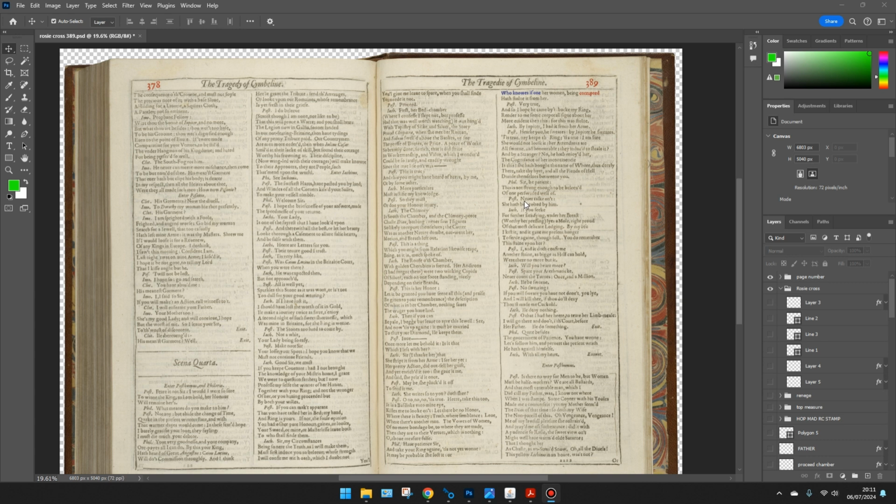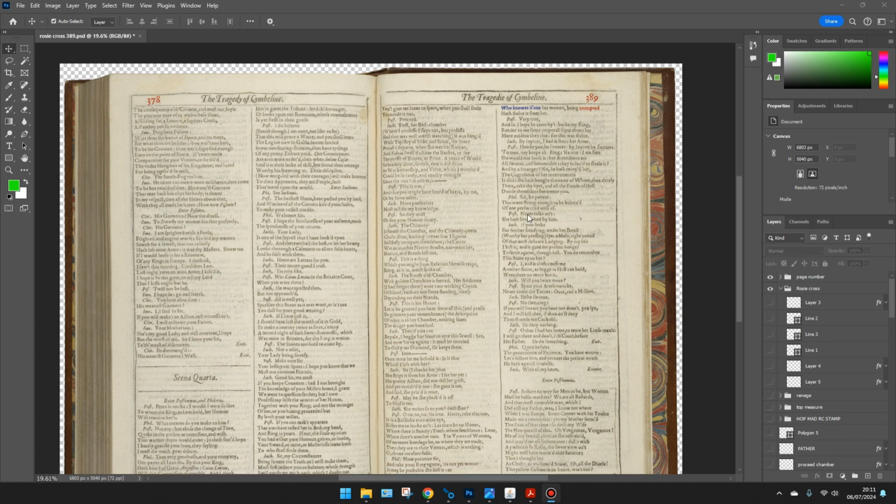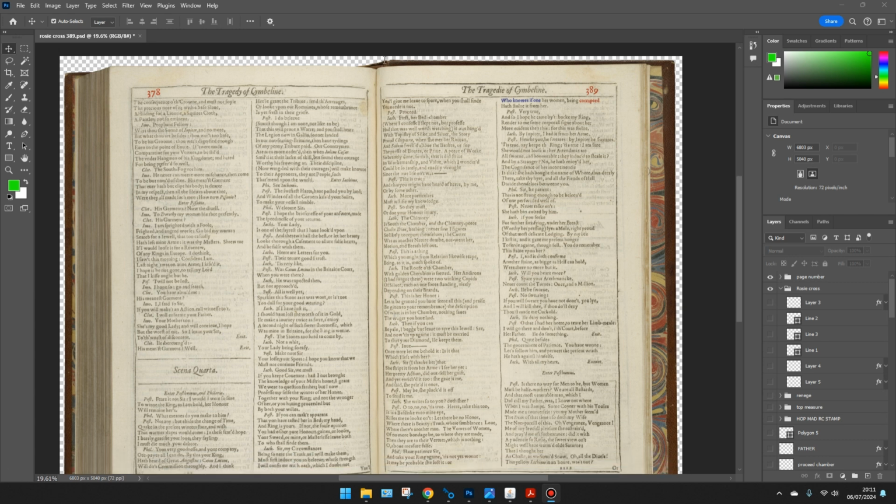So the first thing we're going to take a look at is at the top. I'll just zoom in for us here. I've left it double page so you can take a look. Also, it's worth noting that, because of the way the book is sitting at the edge of the pages, the page kind of turns in on itself, so you get a kind of disorientated display at that point.